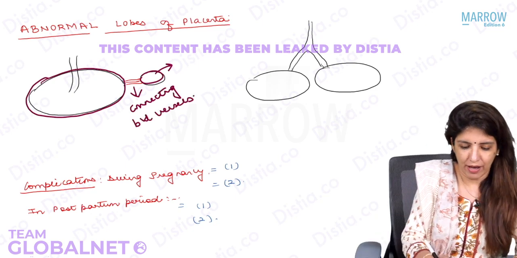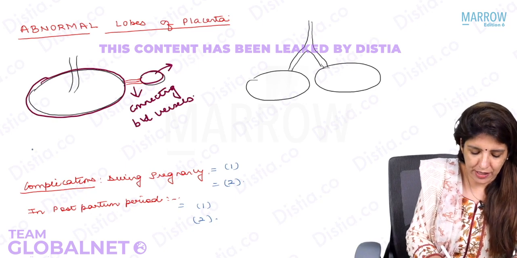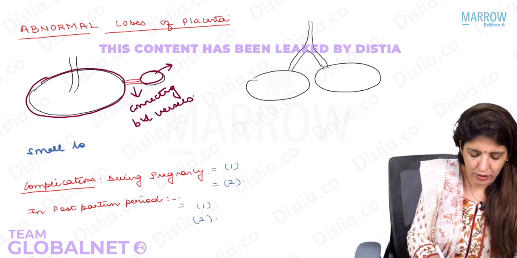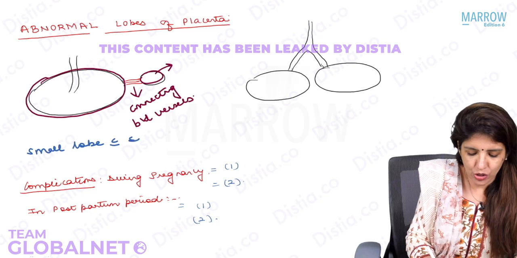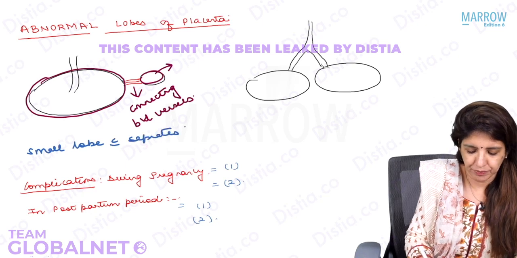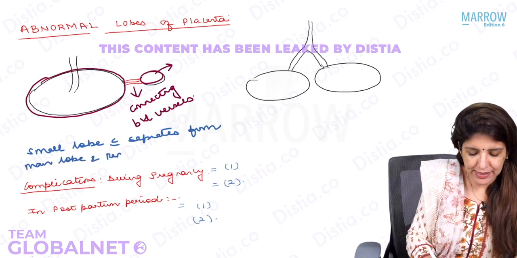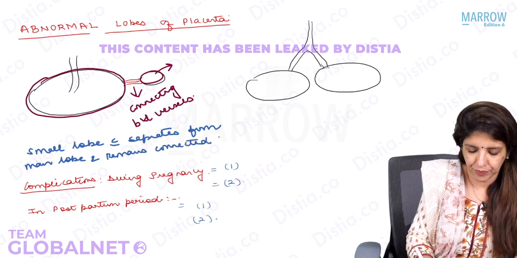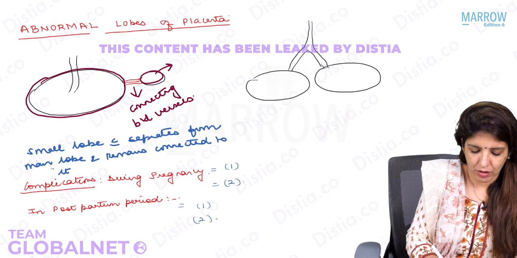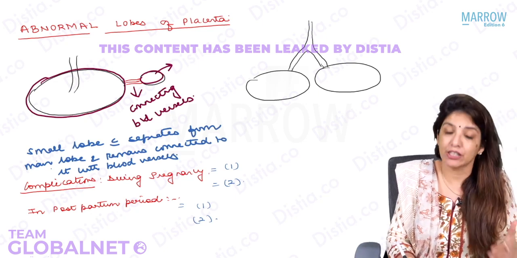So if you have a small part of the placenta, a small lobe which separates from the main lobe, and remains connected to it with blood vessels.